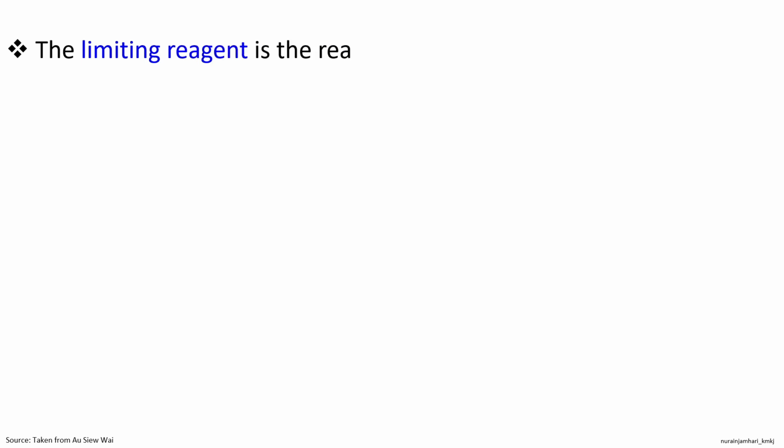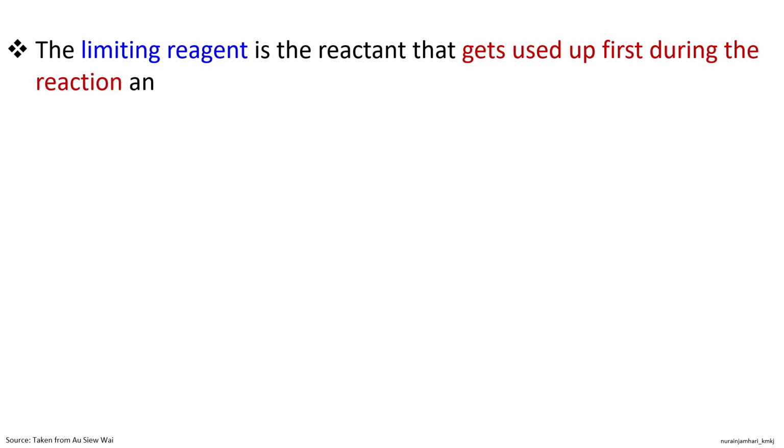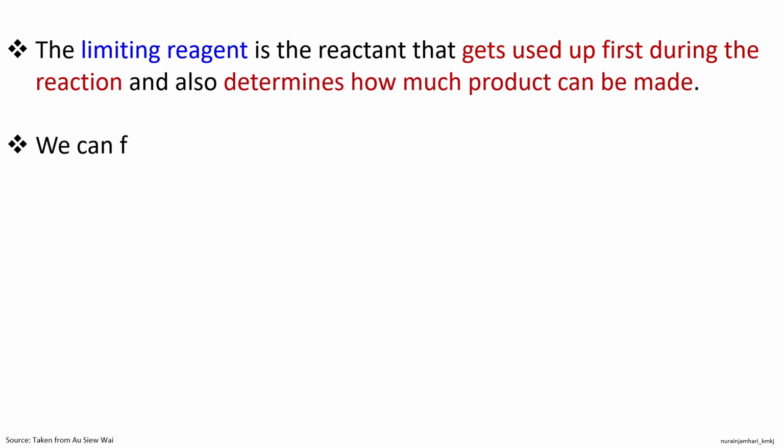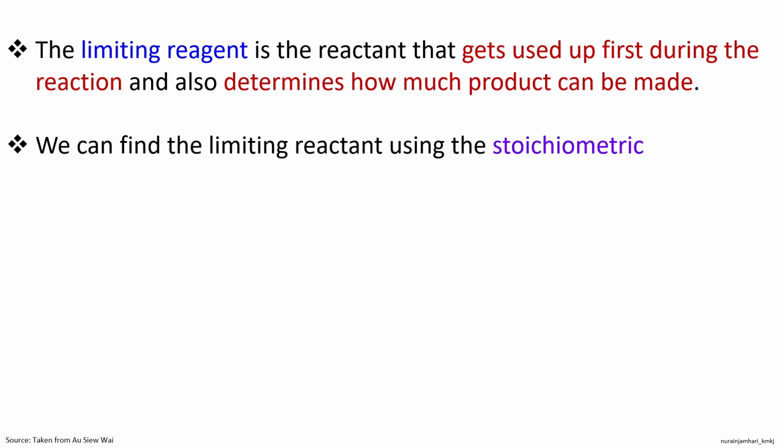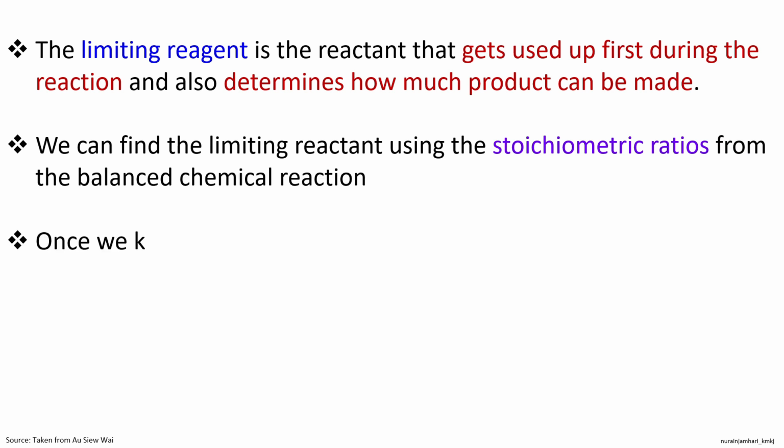The limiting reagent is the reactant that gets used up first during the reaction and also determines how much product can be made. We can find the limiting reactant using the stoichiometric ratios from the balanced chemical reaction.